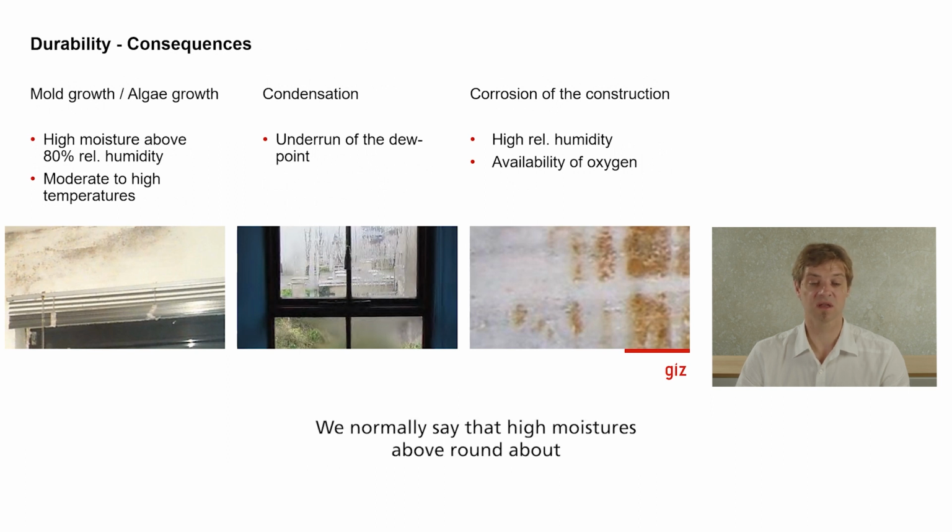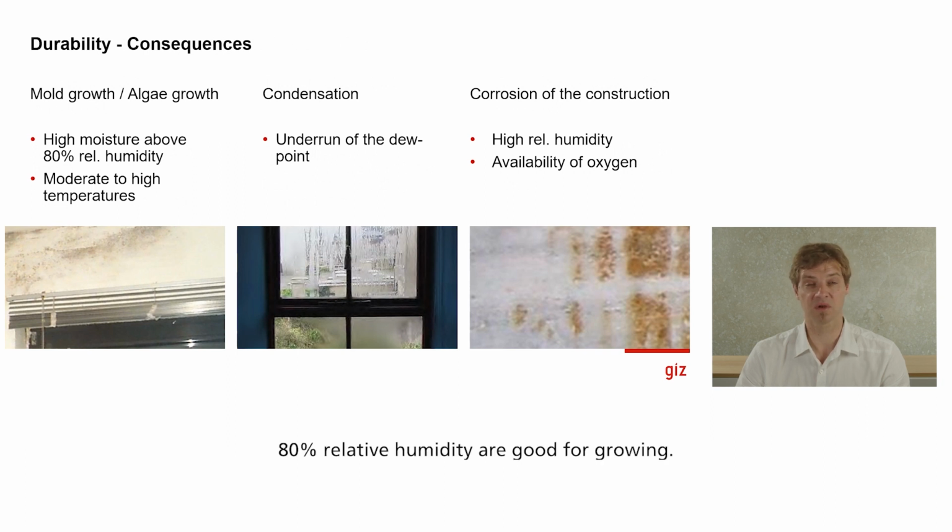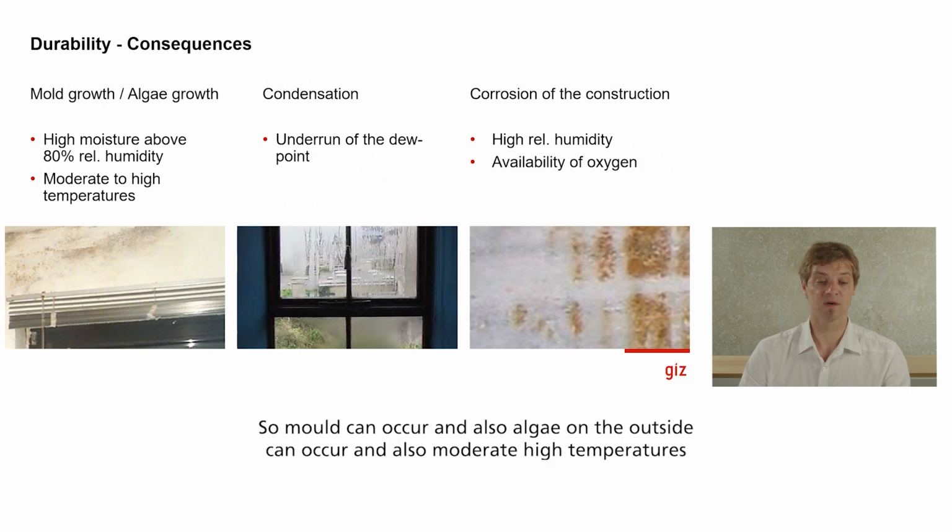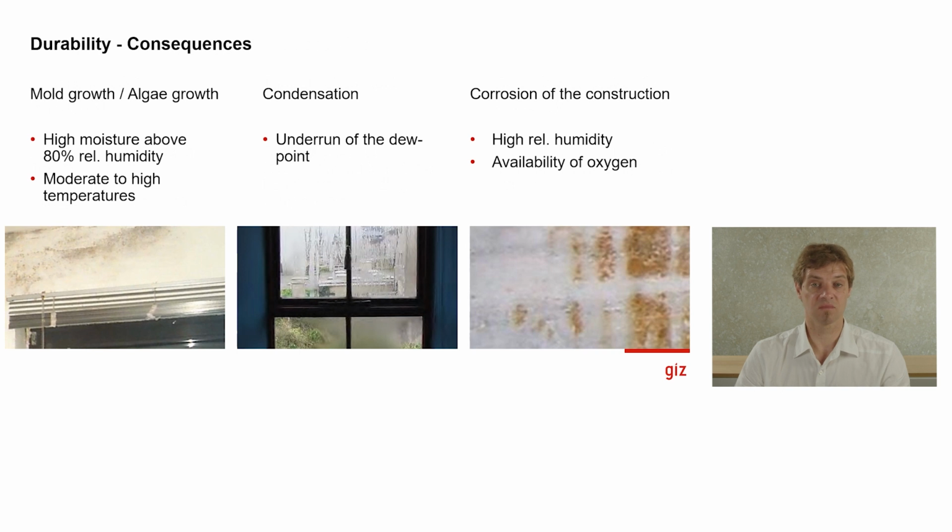We normally say that high moistures above around 80% relative humidity are good for growing. So mold can occur and also algae on the outside can occur. And also moderately high temperatures are beneficial for that growth.